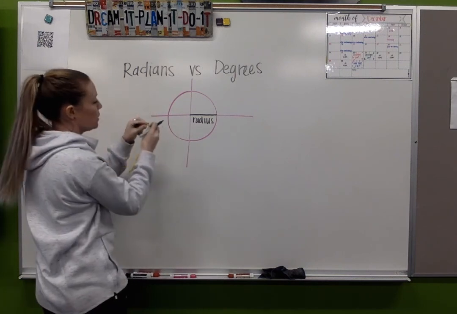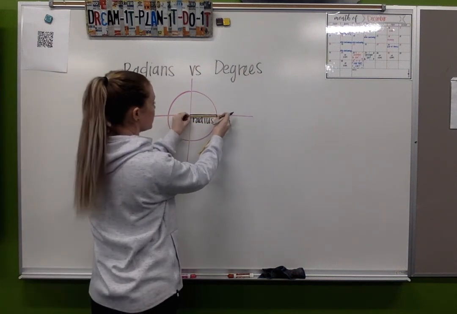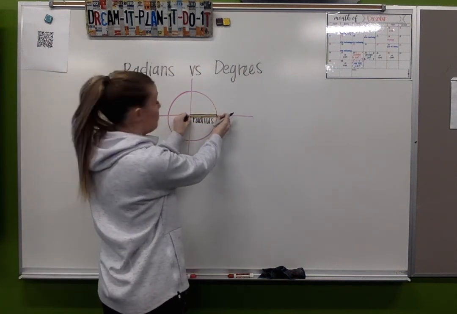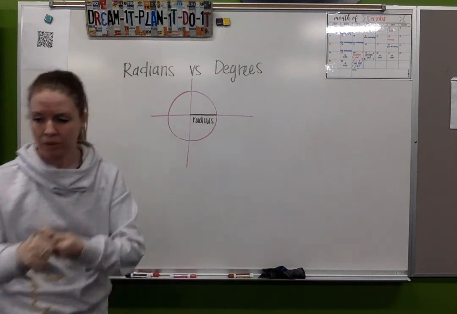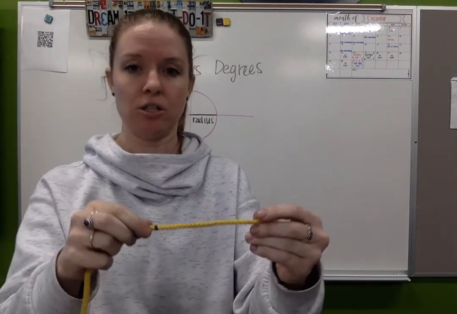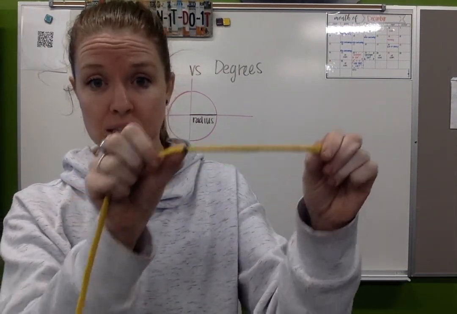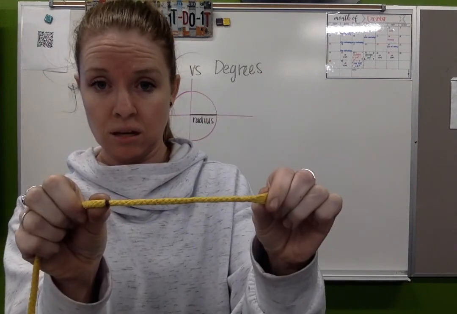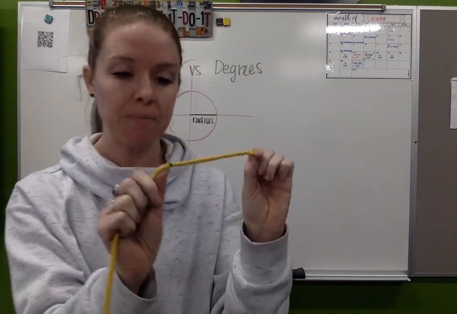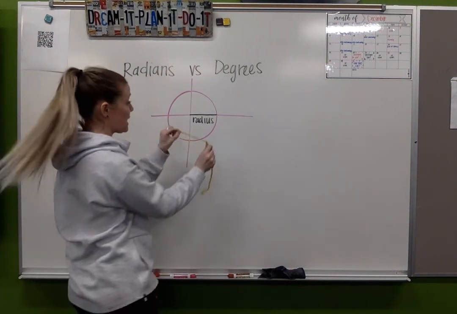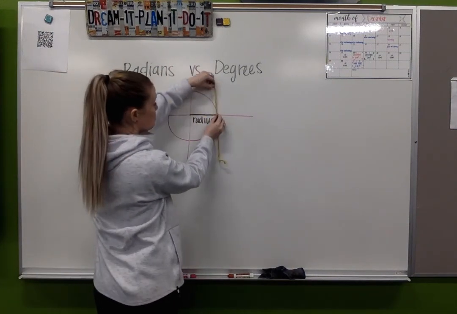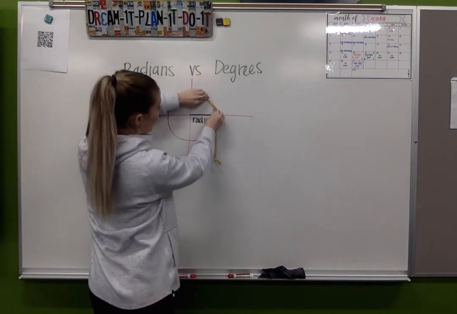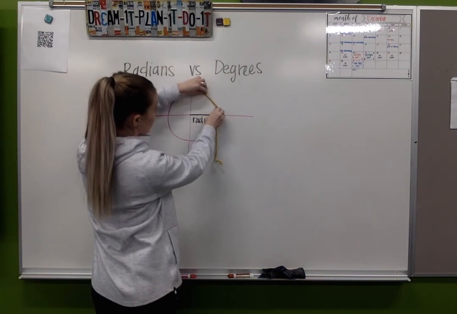All right. I know you're probably not going to be able to see that point, but it's going to help me measure what I'm looking for. I can show you, this is the radius of that circle. So I'm going to take this radius and measure around the arc of my circle.